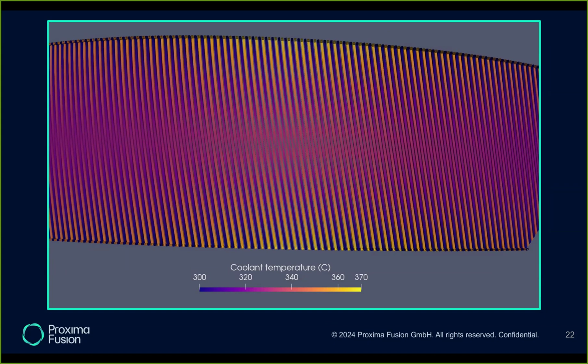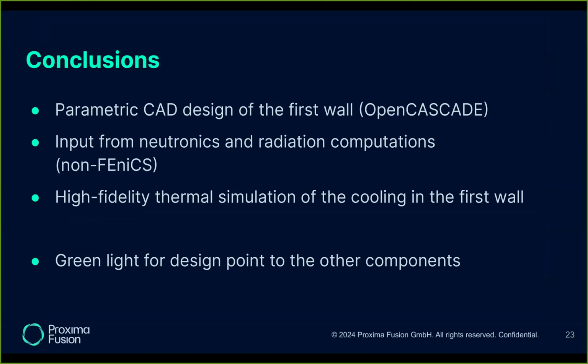So now, concluding, let's say microscopic and macroscopic conclusions of the first kind. What you saw is parametric CAD design of the first wall. Thank you, Open Cascade. Input gathered from other sources, while integrating Phoenix to the bigger ecosystem, thanks also to the most recent functionalities.